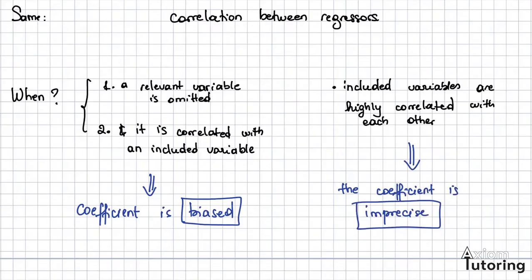Your model is correctly specified and all the variables are included, but it is hard to separate their individual effects. The emphasis is on imprecise, because with more data the problem actually gets better, which is the opposite of omitted variable bias.